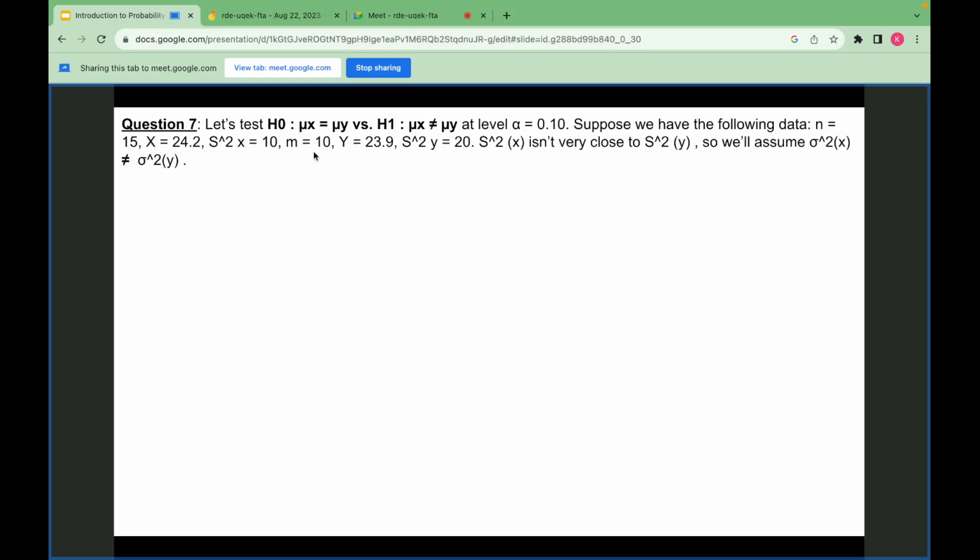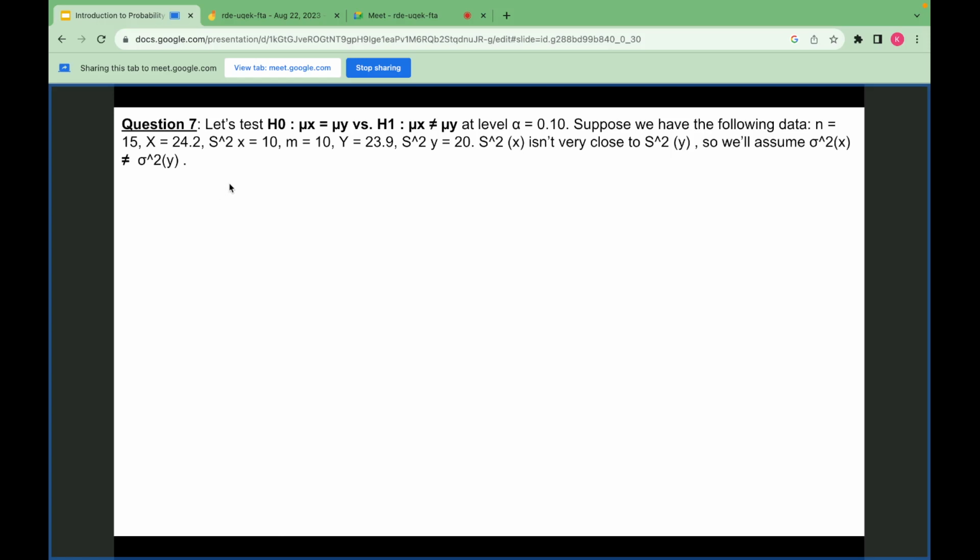This m is equal to 10, which is the sample size from population y, average value is 23.9, sample variance for population y is 20. Now it is assumed that sigma square x is not equal to sigma square y.